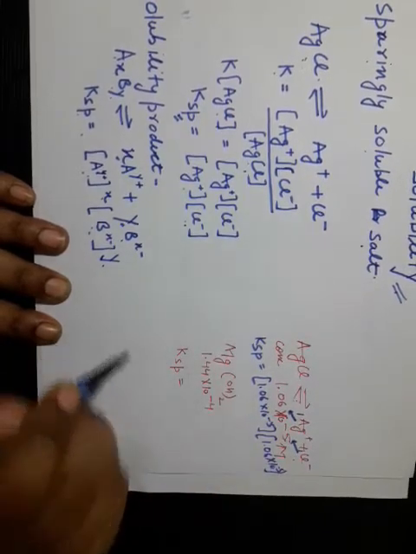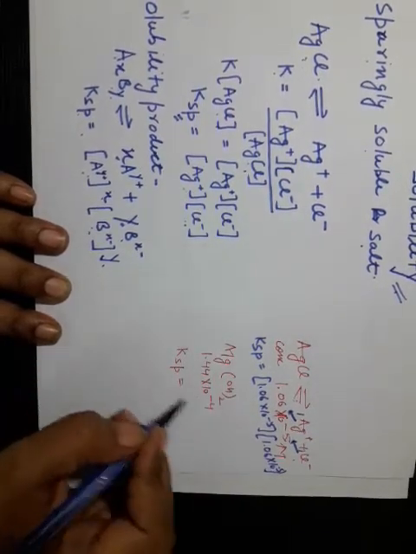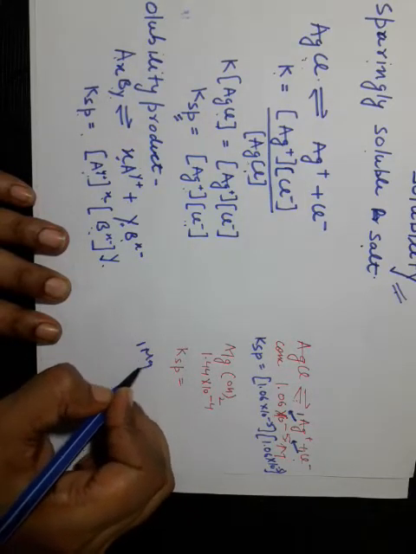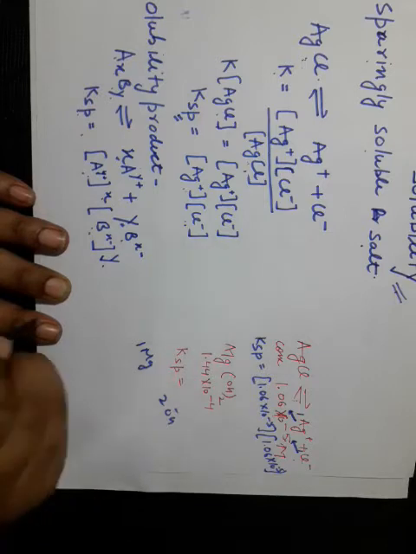In case of Mg(OH)2, 1 mole Mg ion is formed and 2 moles of hydroxyl ion are formed.